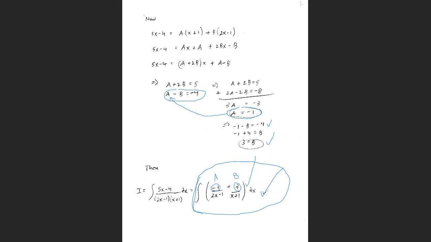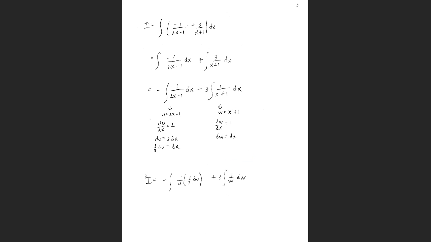Let's move forward. So here I have the integral of a sum. That's then the sum of the integrals. I'll bring the -1 out on the first integral, and I'll bring the 3 out on the second integral.